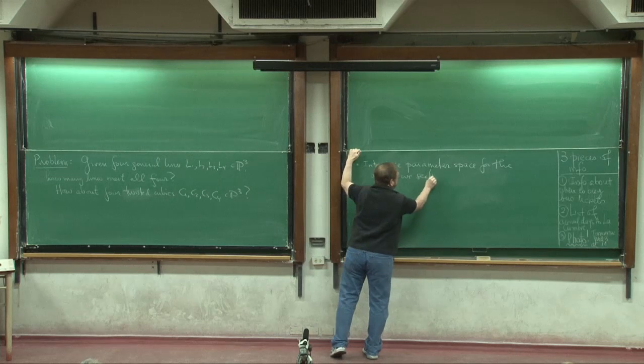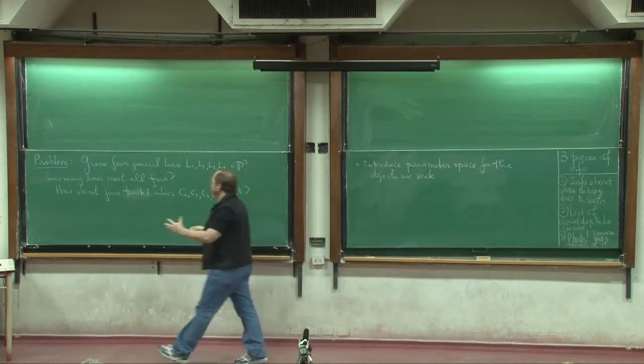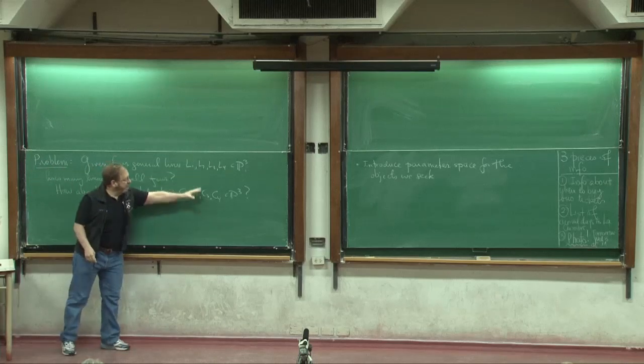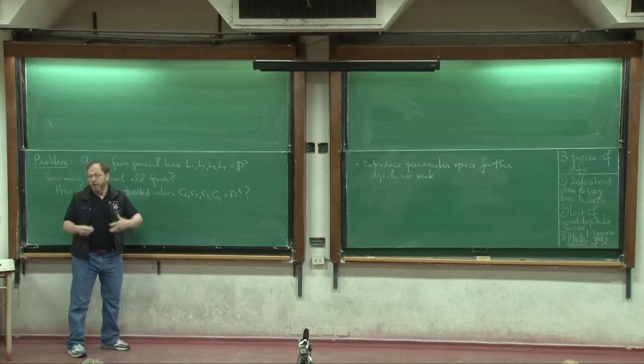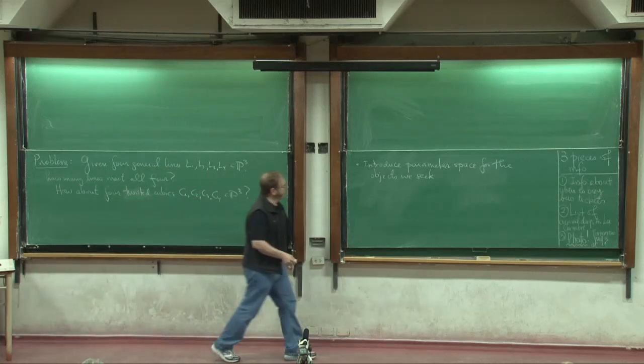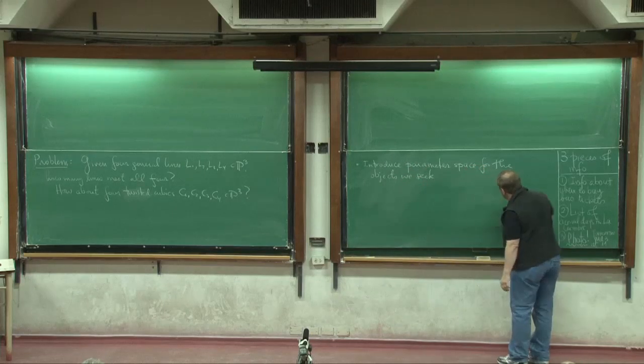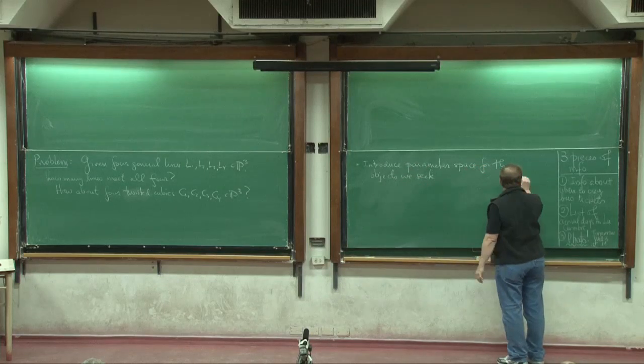Now in this case, we're looking for lines that satisfy some conditions, either meeting 4 lines or meeting 4 twisted cubics, or you can imagine lots of other conditions we could impose. But basically, the set of objects we're looking for is a set of lines in P3.